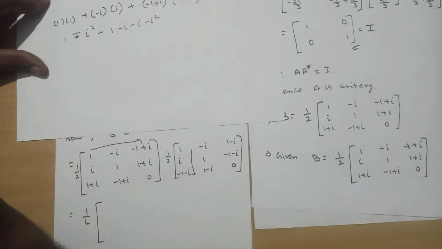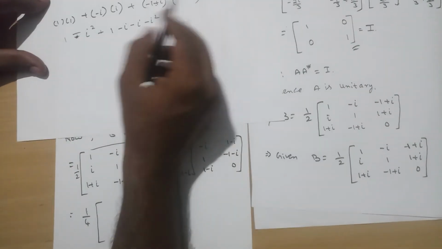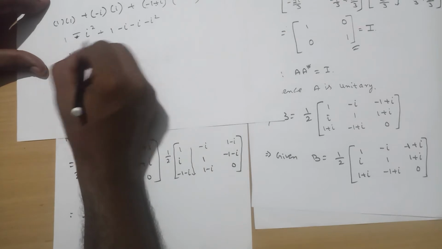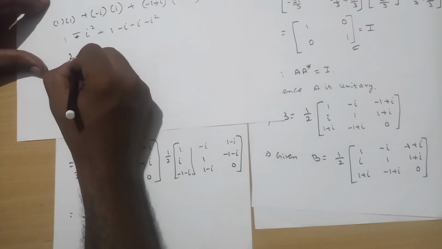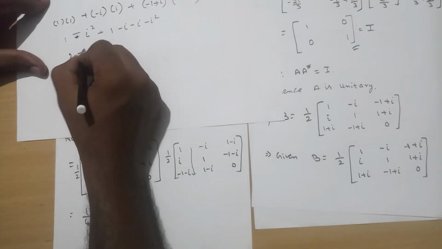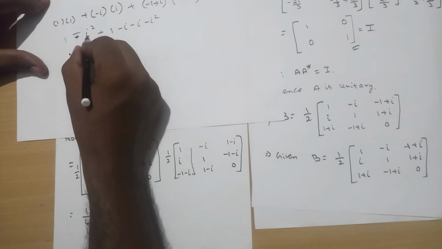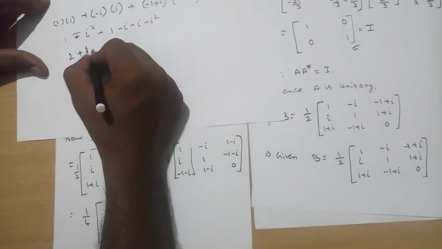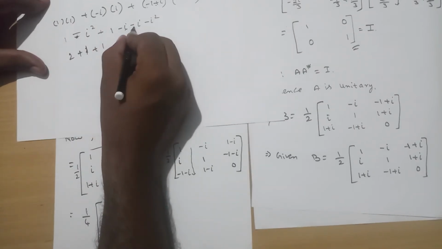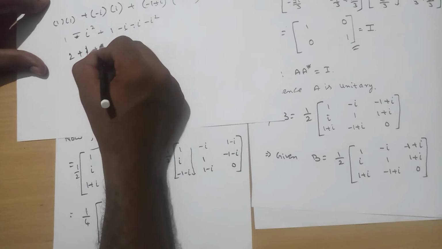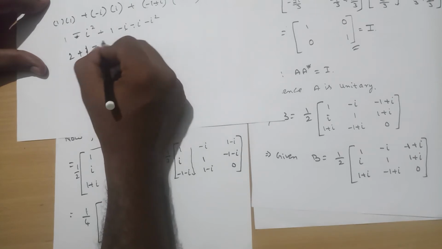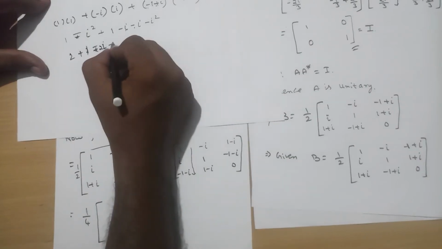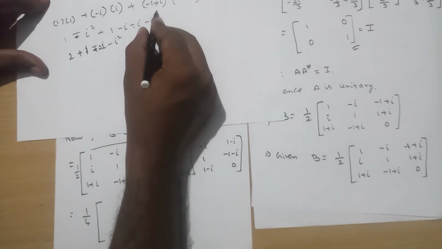So what do you get here? 1 plus 1, 2 will get 2 minus I square means it is minus 1. So what do you get here? Plus 2 will get, I square means you will get plus 1, and here I into I minus 2 I will get, and here minus I square.